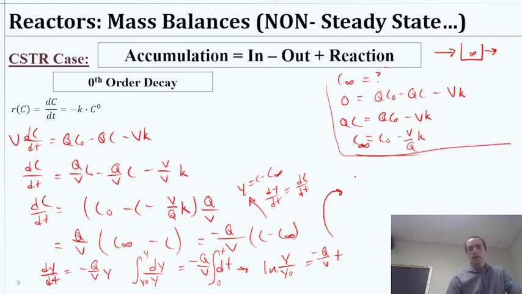So we could rewrite this as Y equals Y naught times e to the negative Q over V times time.